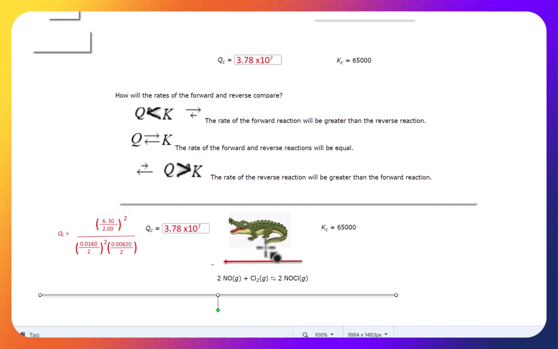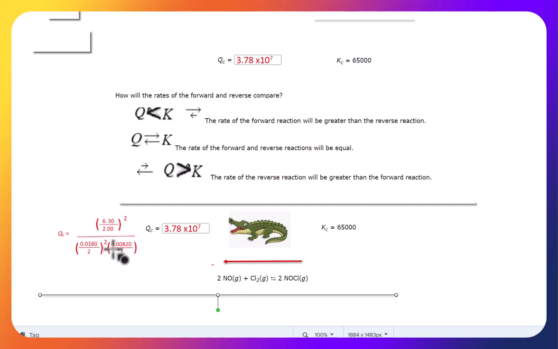At the same time, because this reaction is going backwards, it's making more chlorine. It's making more NO. In fact, the coefficients are, for every 1 NO, you're going to get a half a Cl, and you'll get 1 NOCl. So these two numbers are going to run down.